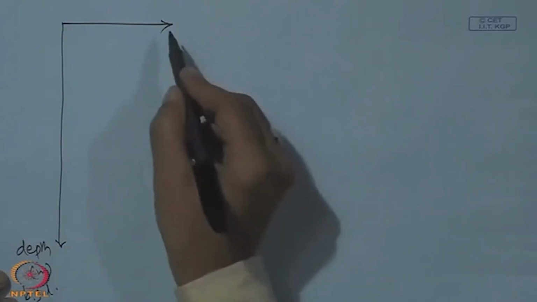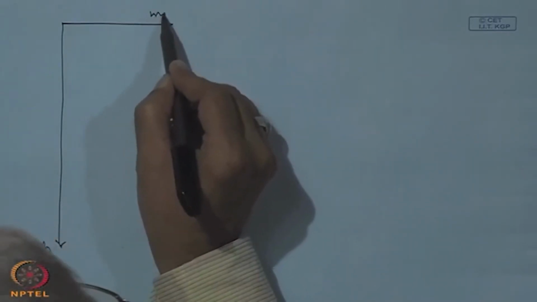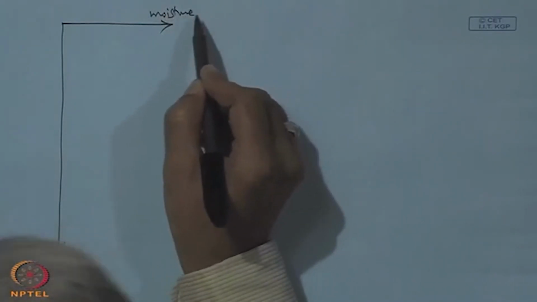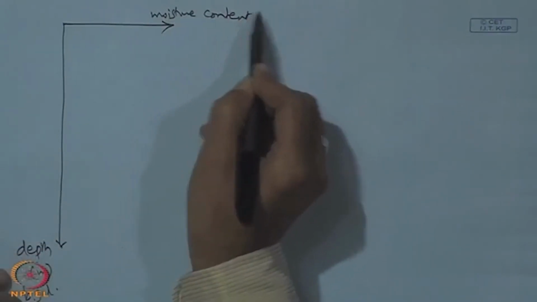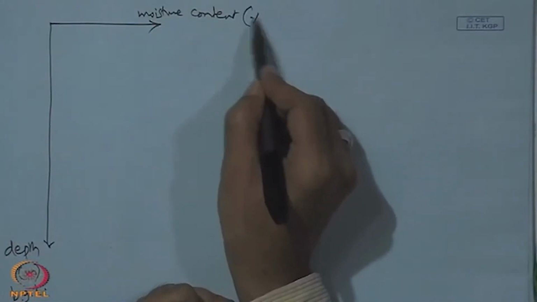And here is a typical neutron log. This is the depth in meters below ground level, and this is the moisture content in percentage.